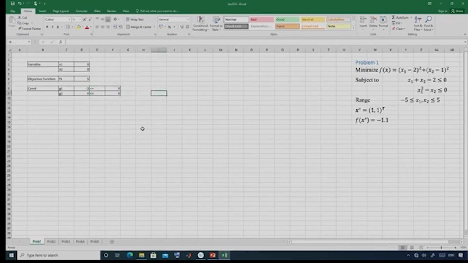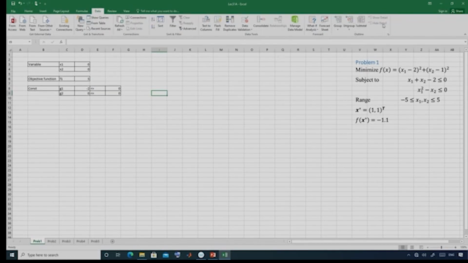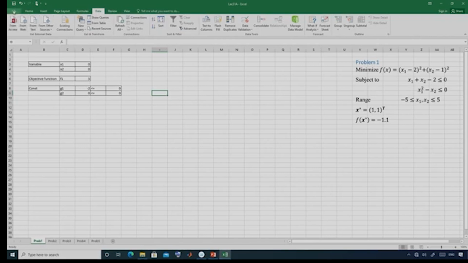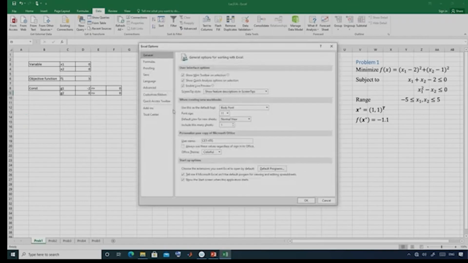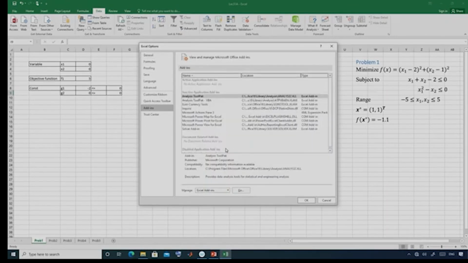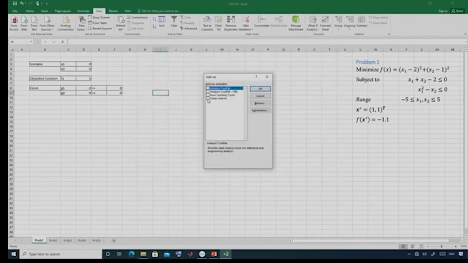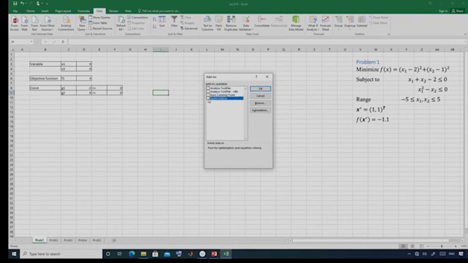Now let us go to Excel solver. Just see whether Excel solver is here. There is no Excel solver here, so I have to install it. You go to options, you go to add-ins. Within Excel add-ins, you will get the solver add-in.